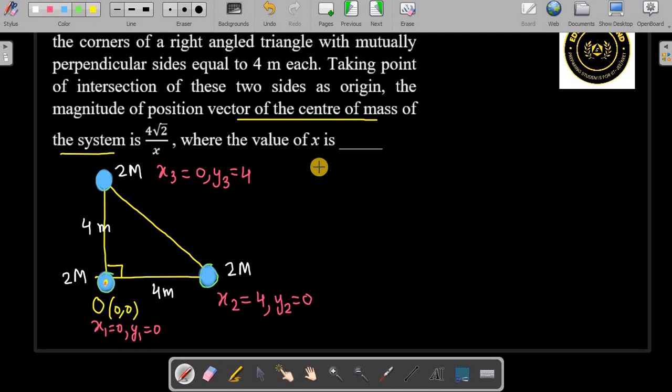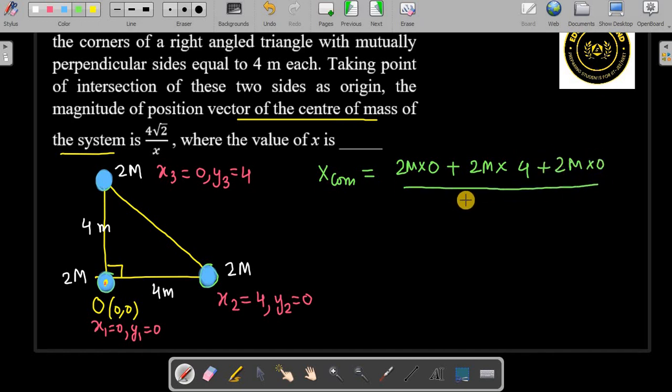Now let's calculate the x coordinate of the center of mass. So x center of mass is m1 x1 and so on, right? So first mass is 2m into x, which is 0. Next 2m into x2, which is 4, plus 2m into 0, divided by total mass, the sum of masses 2m, 2m, 2m, 6m, right?